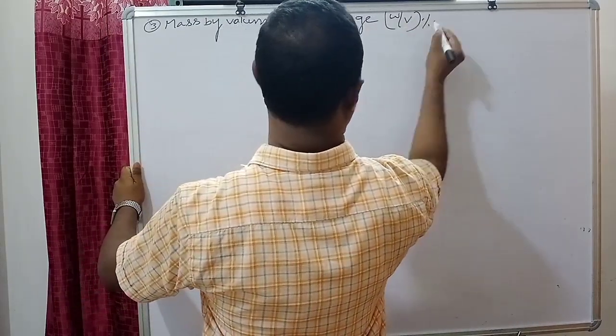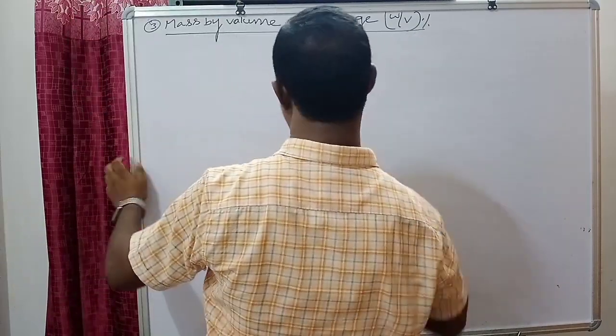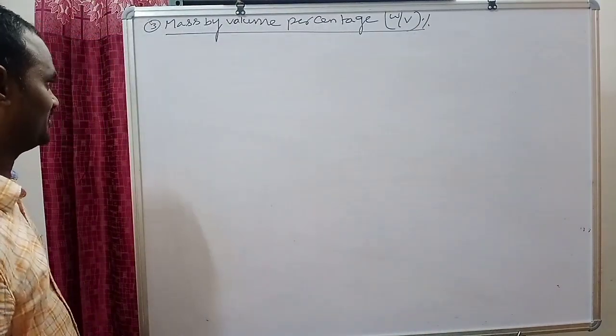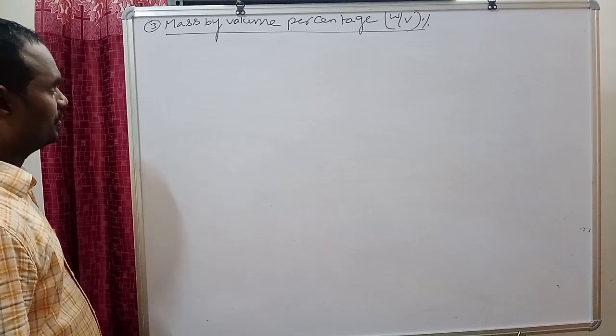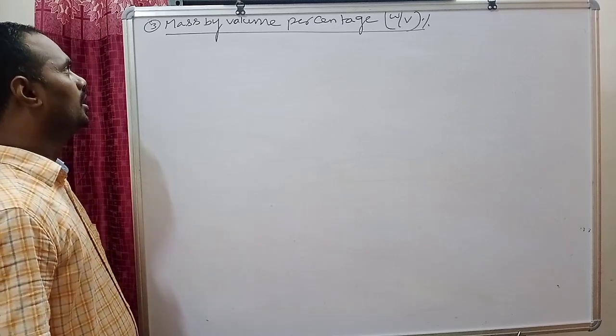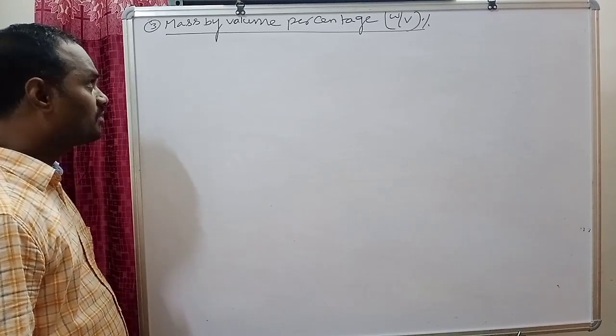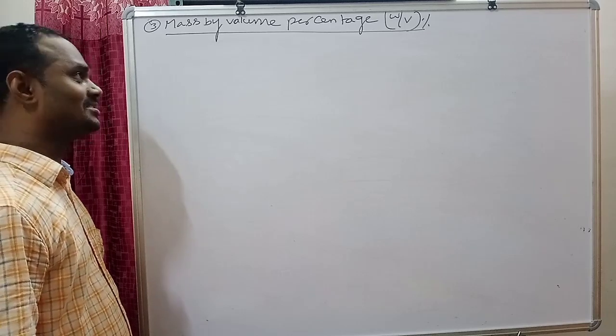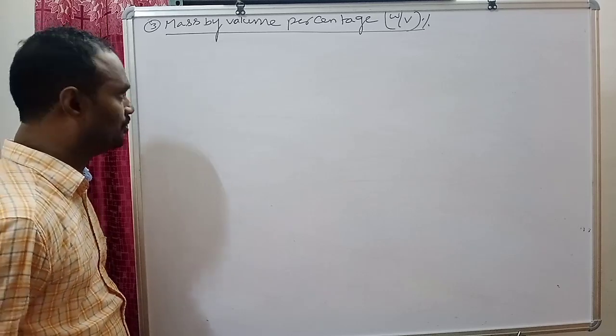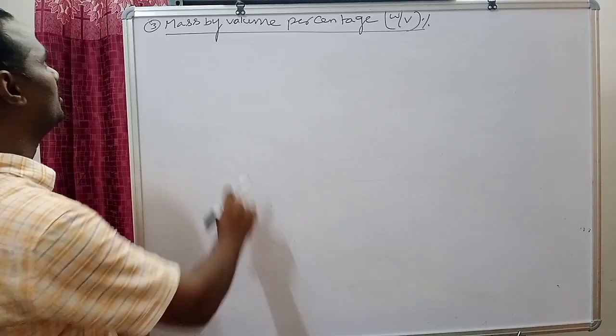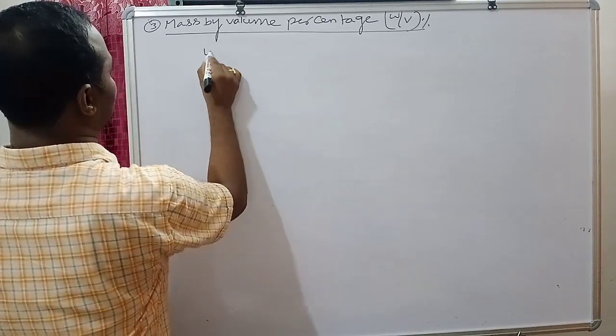W by V, mass by volume percentage. How to define? The amount of solute in grams dissolved in 100 ml of solution is called mass by volume percentage.